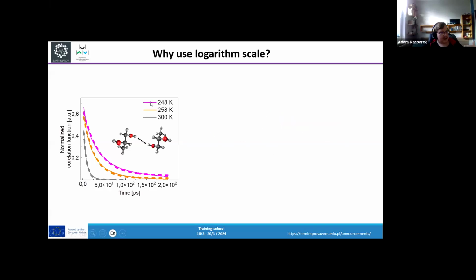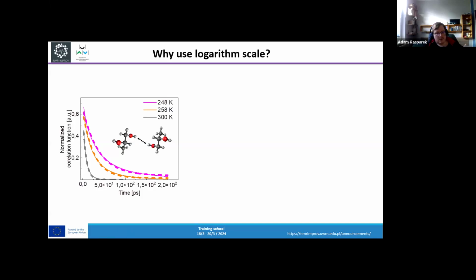an exponential function, and as you can see, the fit at first glance looks quite good. It's not perfect, because it's not aligned perfectly, but it doesn't look bad.